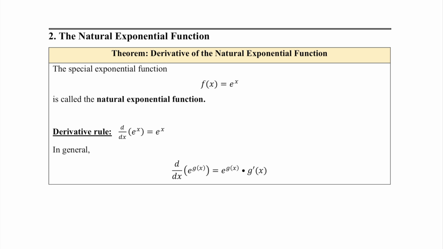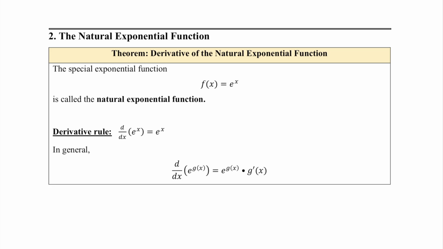In general, if we have e to the g of x, then the derivative is e to the g of x times g prime of x. Here we have a composite function. The outside is e to something, and the inside is g of x. So we use the chain rule.